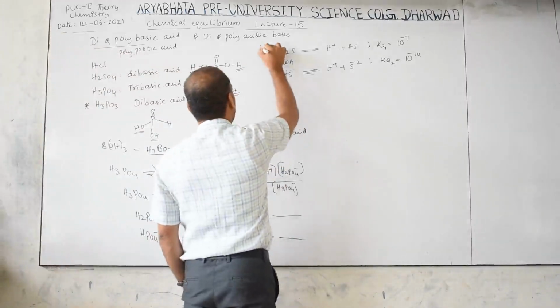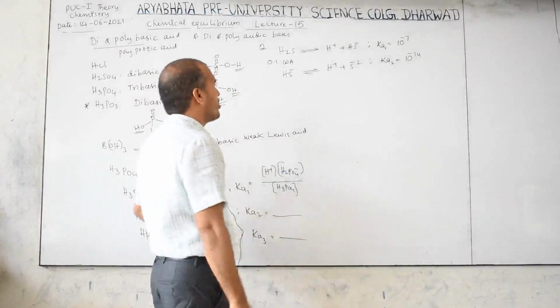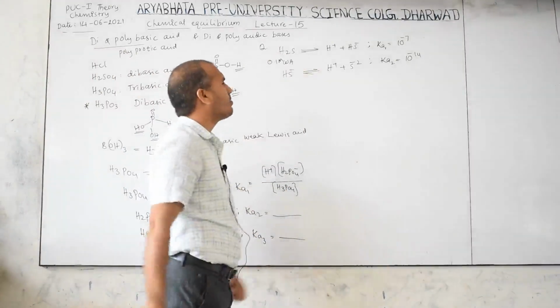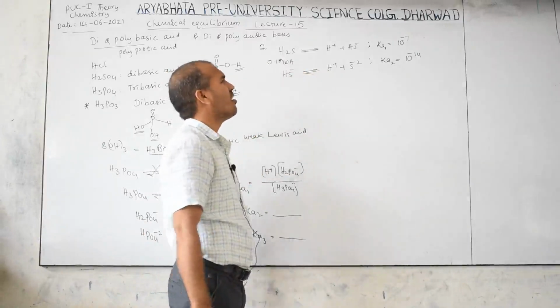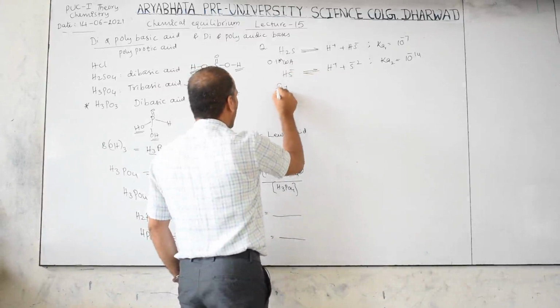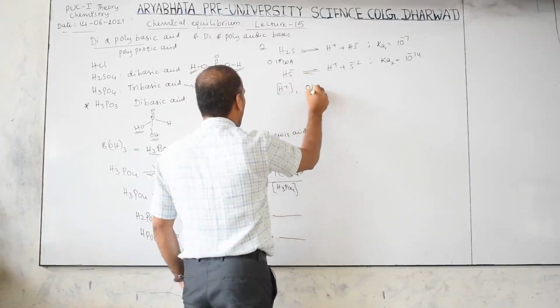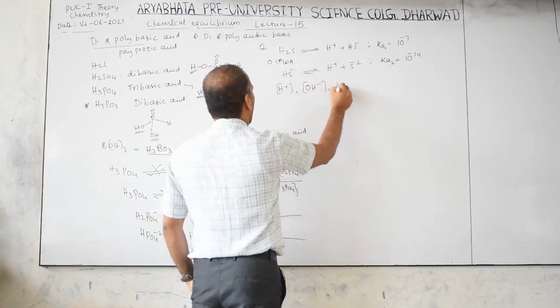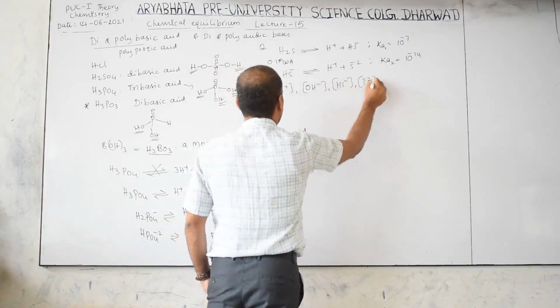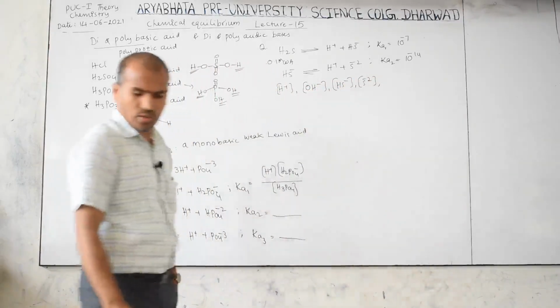In this question, 0.1 M of H2S is given, K1 and K2 also given. You have to calculate the H plus ion concentration, OH minus ion concentration, HS minus ion concentration, S minus 2 ion concentration. Like this we have to calculate everything.